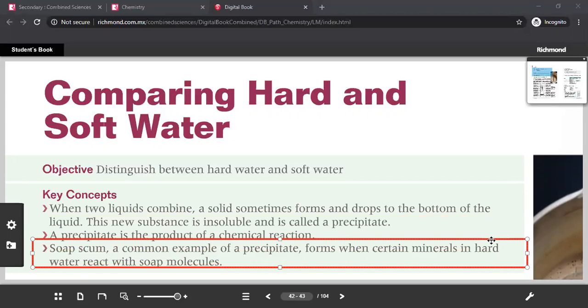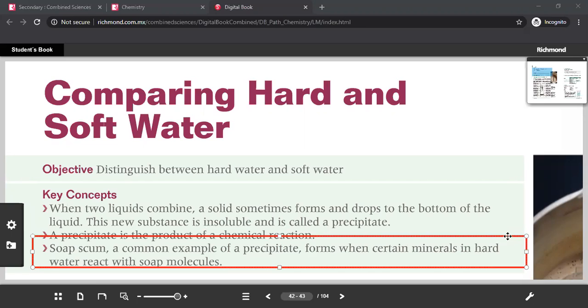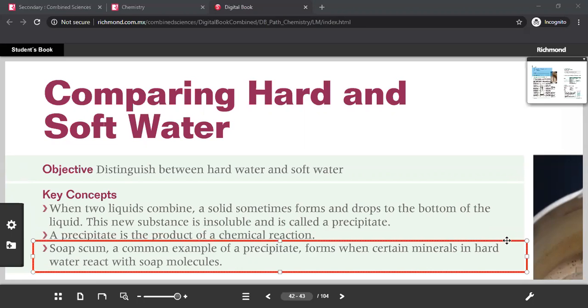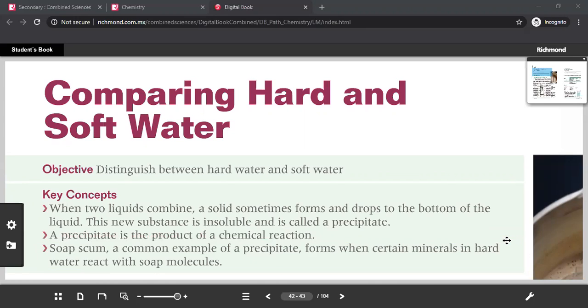A common example of a precipitate forms when certain minerals in hard water react with soap molecules. Okay, so this is a very interesting process, and we are going to discuss it in just a short while. So let's go to it, right?